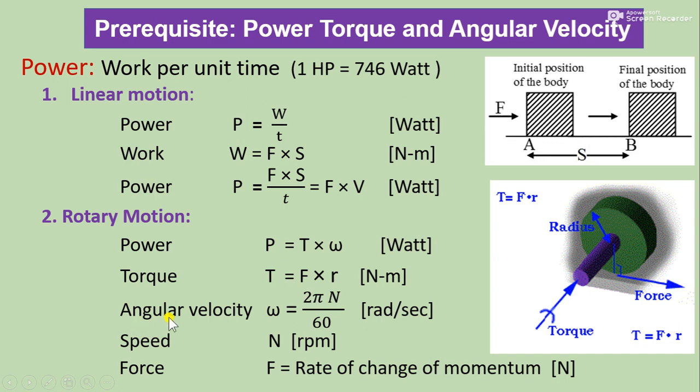Omega is angular velocity, equal to 2 pi N by 60 in radian per second, and N is the speed measured in revolutions per minute. Force is expressed using the impulse momentum principle, that is rate of change of momentum, in Newton.